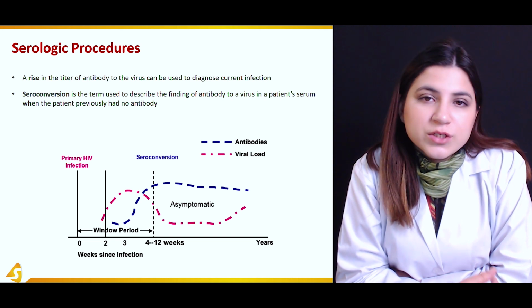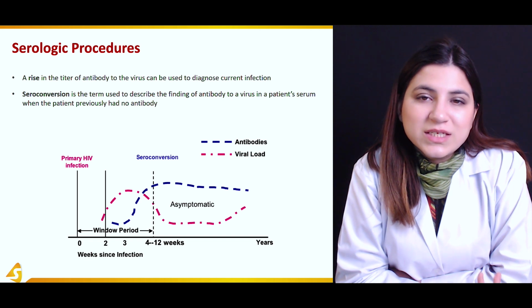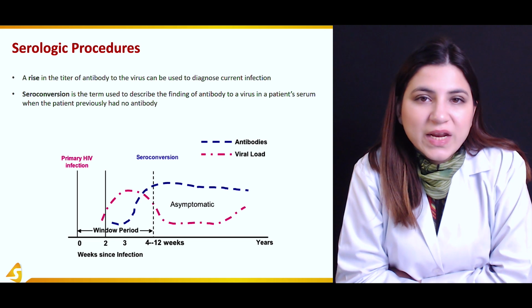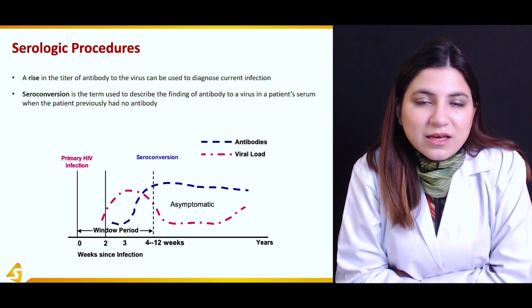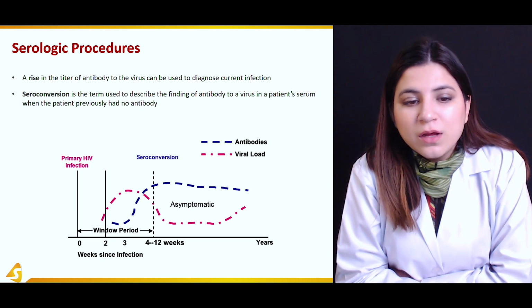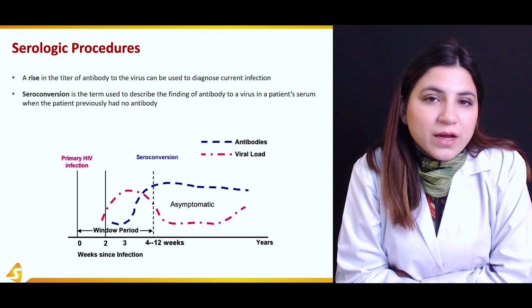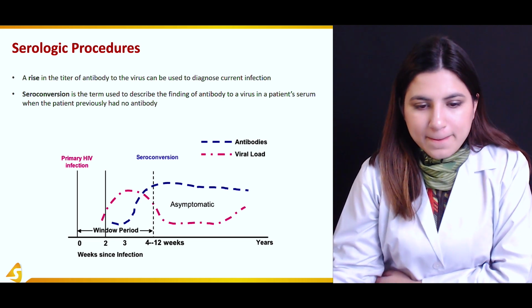So seroconversion is the point where the antibodies start increasing and the viral load starts decreasing, because now the antibody is fighting the virus, and we can directly detect the titer of antibodies and diagnose the current ongoing infection.